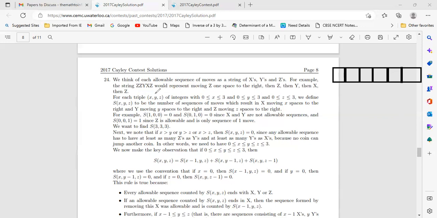Here, this X, Y, Z is nothing but the number of sequences of moves which results in X moving X spaces to the right, Y moving Y spaces to the right, Z moving Z spaces to the right, which means you can try to push to the end also. To the maximum, you can go up to 3 moves. 1, 2, 3, right?